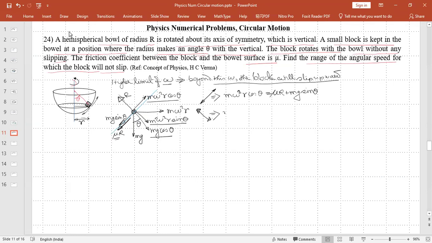So I have m omega square r sin theta plus mg cos theta is equal to the normal reaction force R. Capital R is the reaction force, small r is the radius of rotation. Let us consider this as equation 1 and this as equation 2.